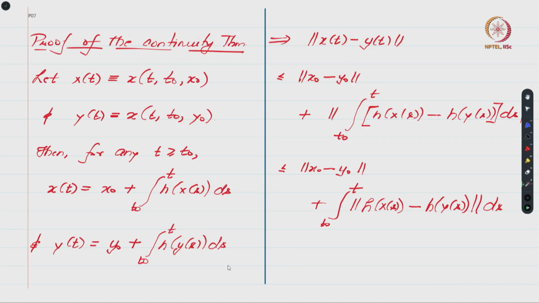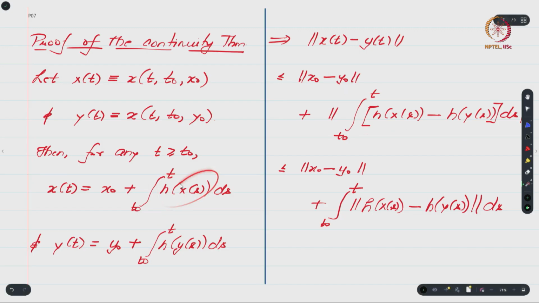Is this okay? Now notice that there is an implicit relation over here, there also is an implicit relation. And now what we can do is we can take the difference between x of t and y of t and look at the distance between them. Then by triangle inequality, the distance between them will be upper bounded by the distance between x naught and y naught and the norm of this difference.